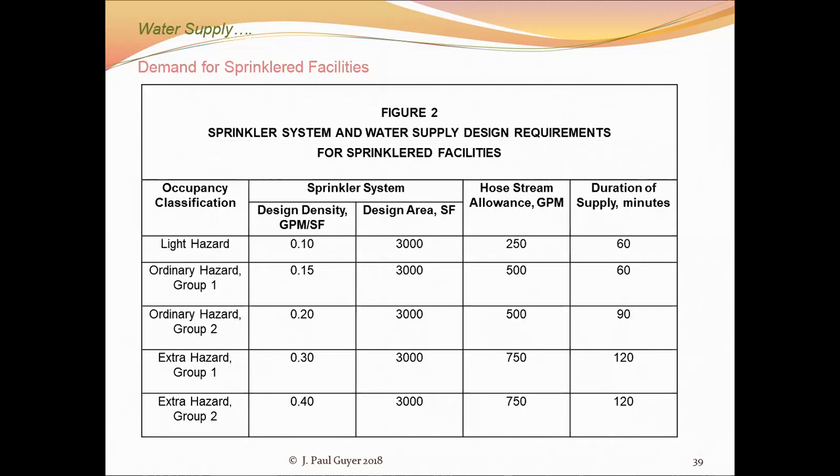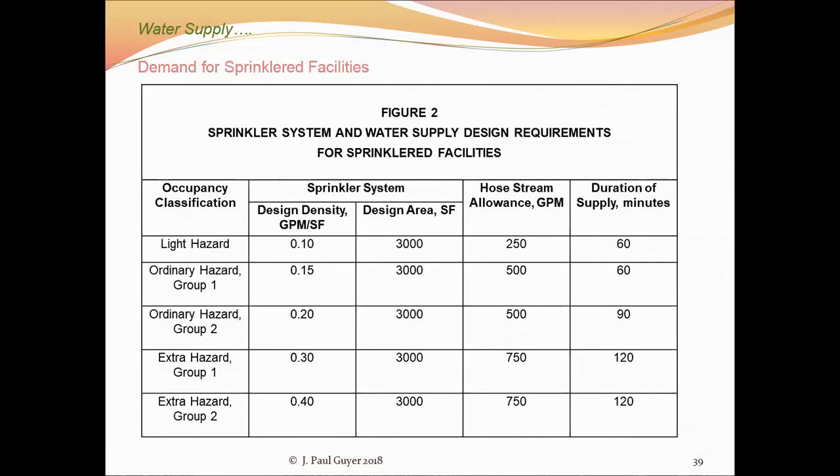This is the water that needs to be available for the use of the firemen when they show up, and it is 250 GPM. And in this system, there's no way to calculate that theoretically. It's just a number that has been tried and used and has demonstrated its practicability over a long period of time.